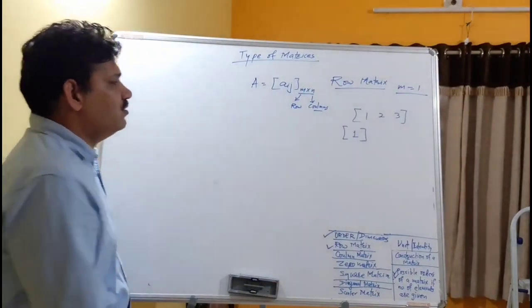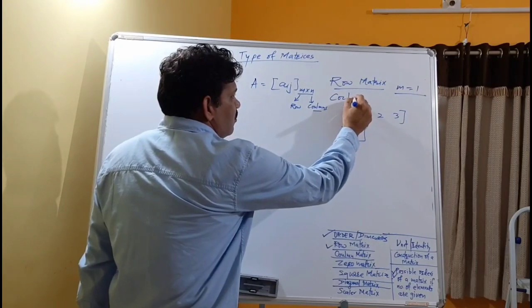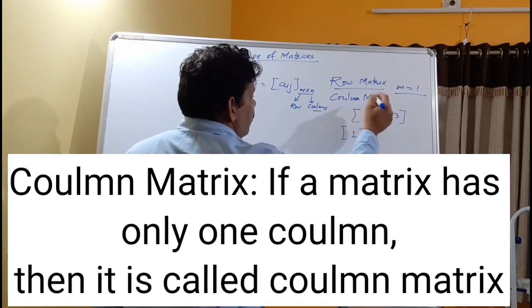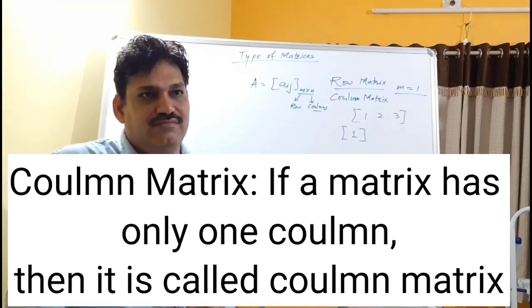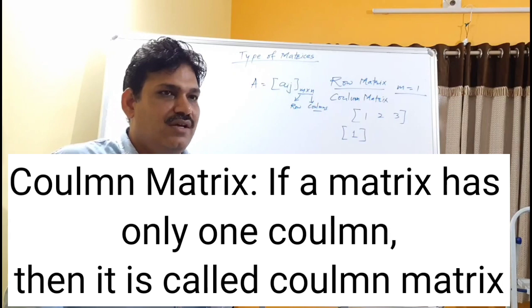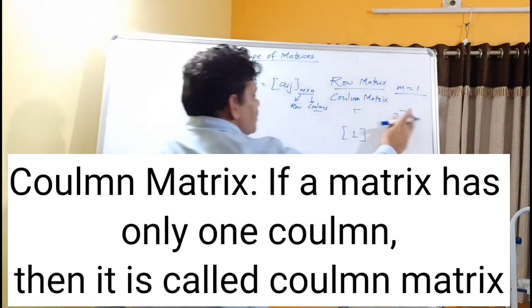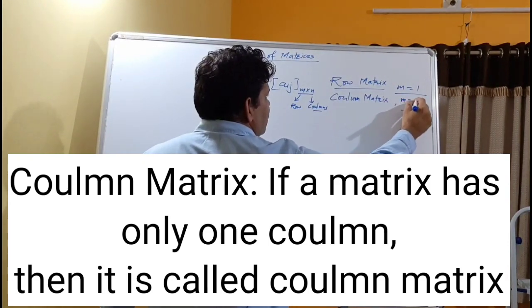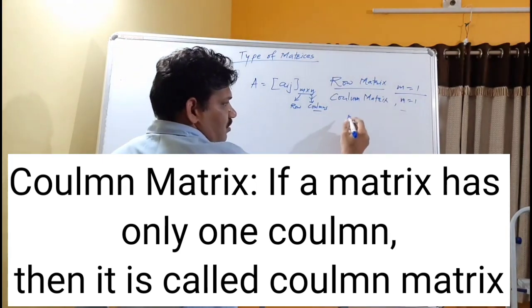Now we talk about the second type, that is the column matrix. Obviously, a matrix which has only one column is known as a column matrix. So for this we need n equal to 1, the number of columns equal to 1.